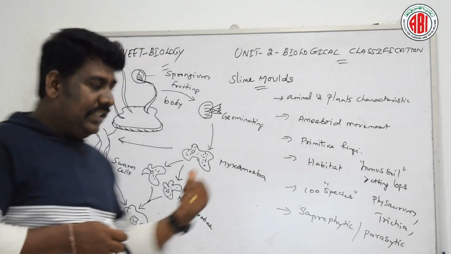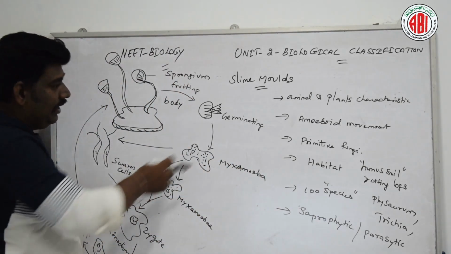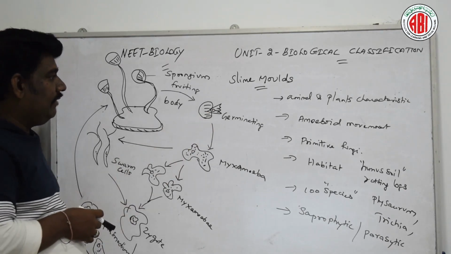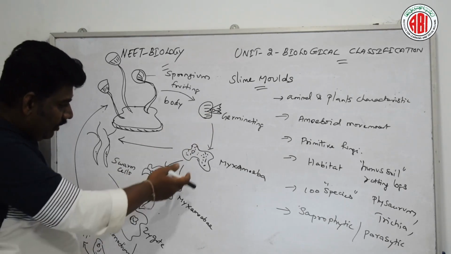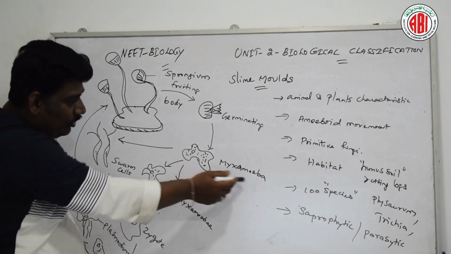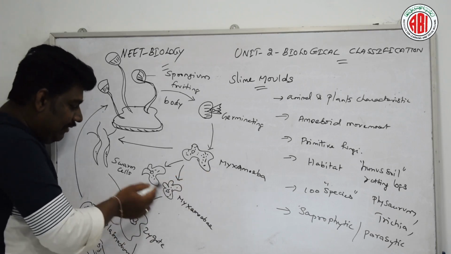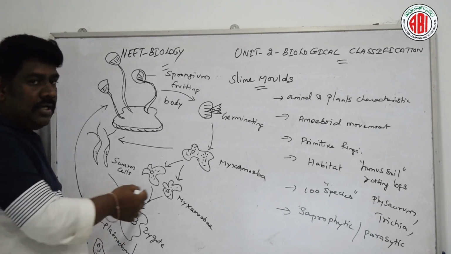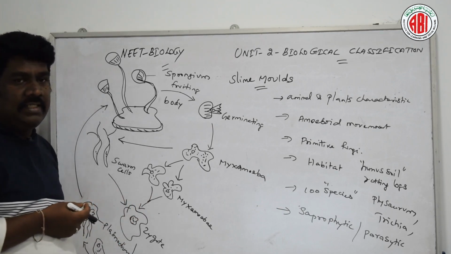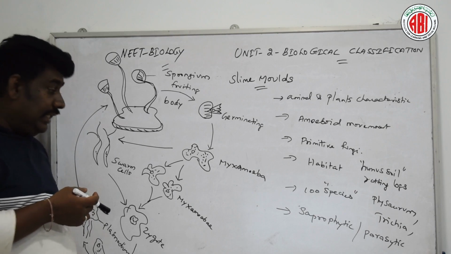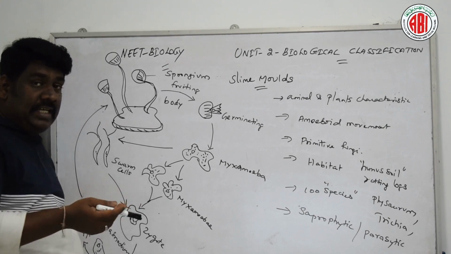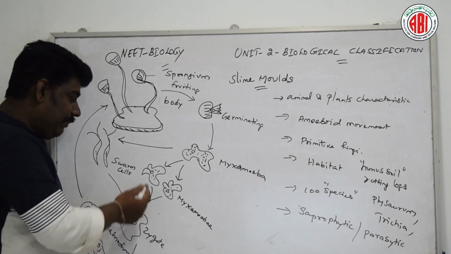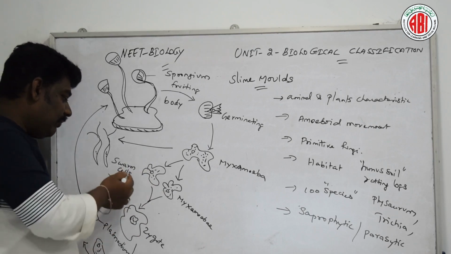And these spores are produced from the germinating body of the thallus, and they directly develop into myxamoeba like structures, and they are involved in the formation of the zygote, the combination of two different cells, and these two cells behave as two different gametes, male and female gametes, like swarm cells.